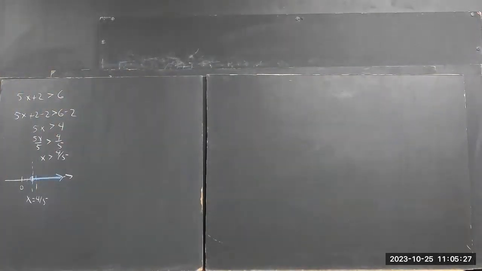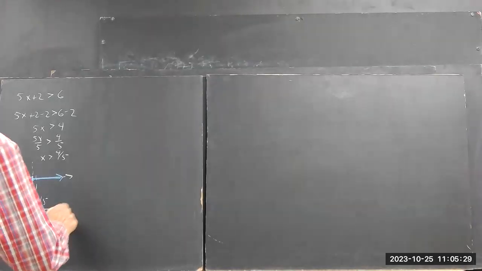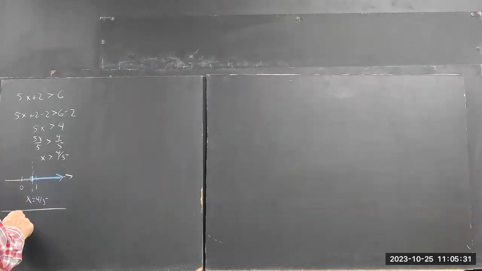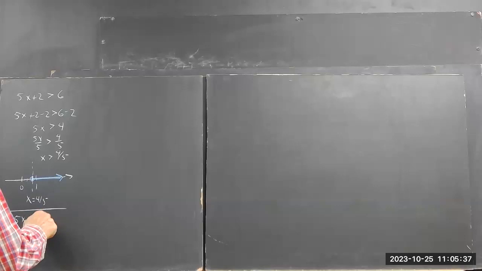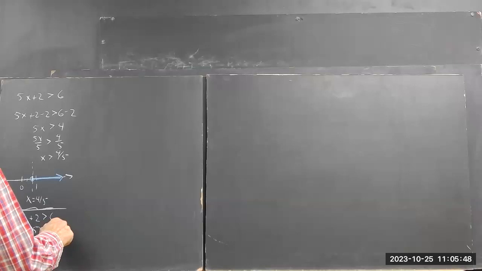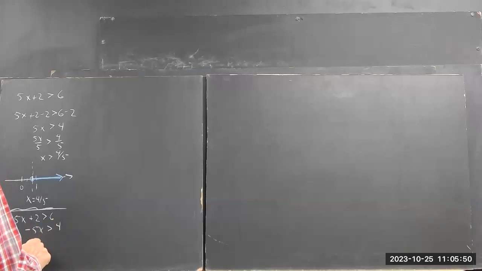Now, by contrast, without going into all the details, if we have -5x + 2 > 6, well, we subtract 2 from both sides, we get -5x is greater than 4. And then we have to divide both sides by -5.